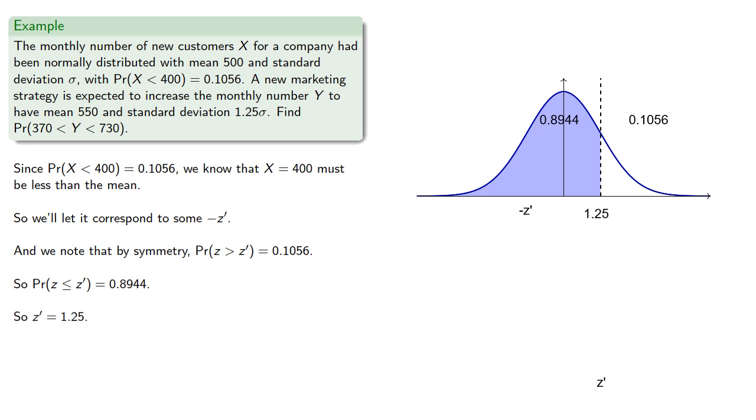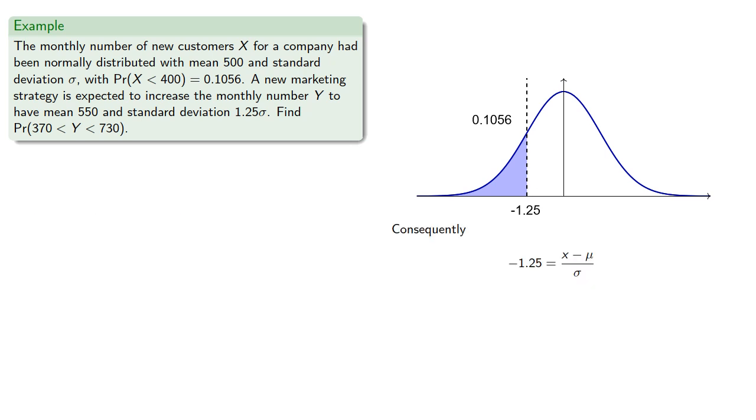And so this 400 must correspond to a z value of negative 1.25, and that allows us to recover the standard deviation.